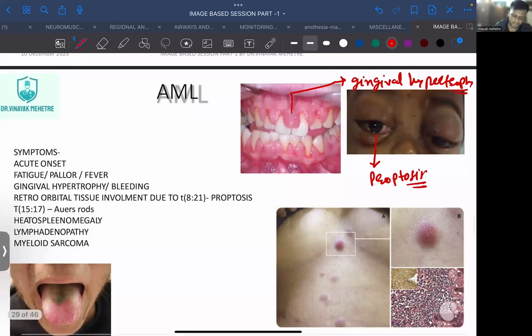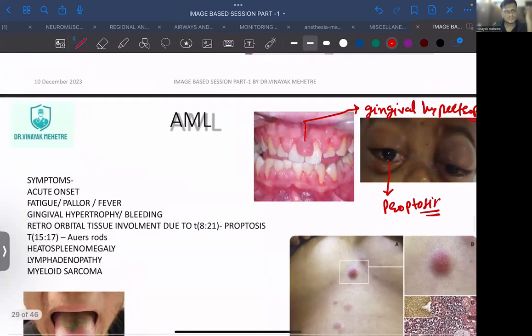How you will remember? Just remember like this. ठीक है? आंख and M stands for mouth. Features of eyes and mouth, that is bleeding from the gum, right, will be seen only in AML. किसमें मिलेगा? AML.